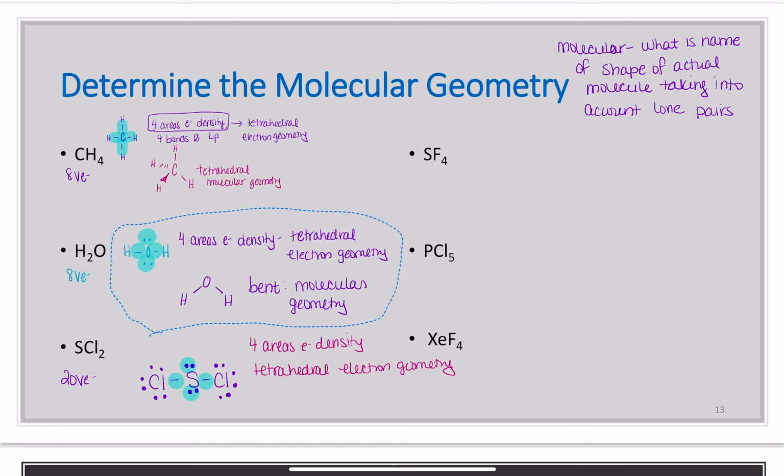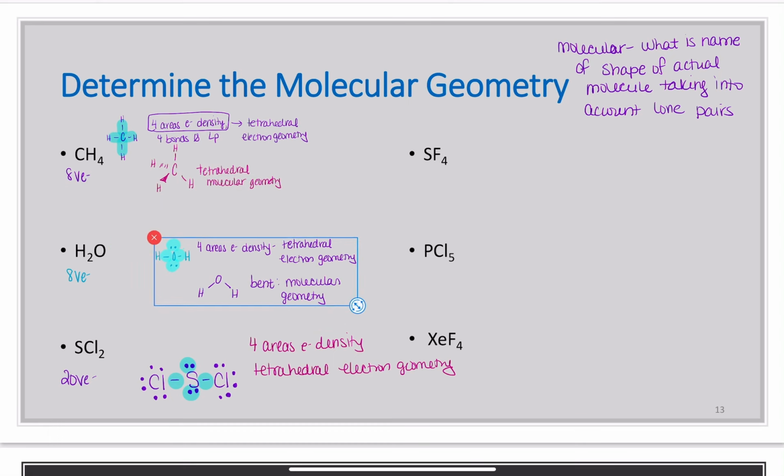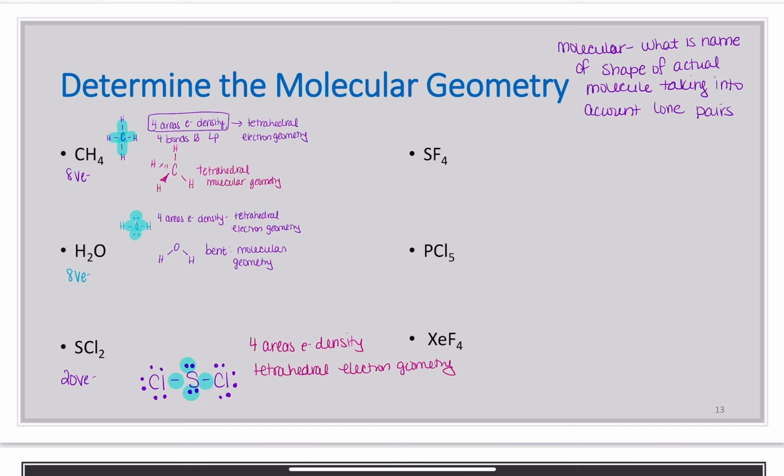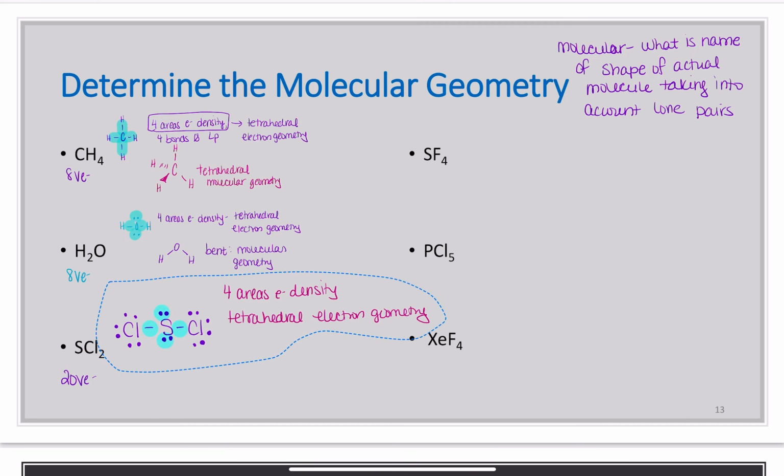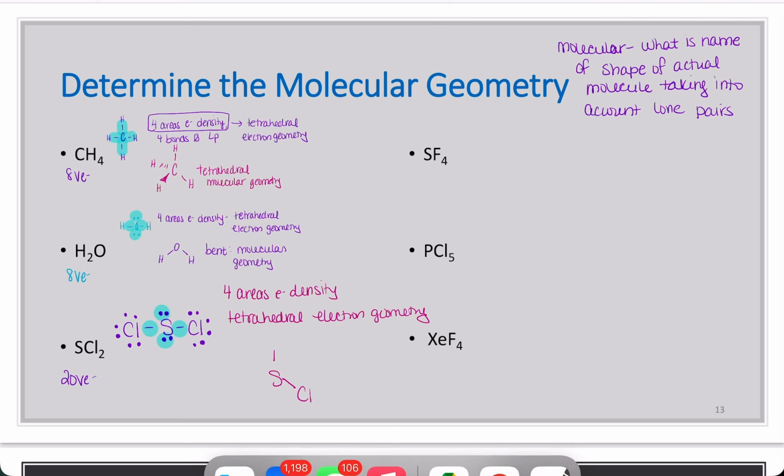Shrink this down to give us some room. Go ahead and redraw this in the shape tetrahedral. So I've got S, Cl, Cl, lone pair, lone pair.